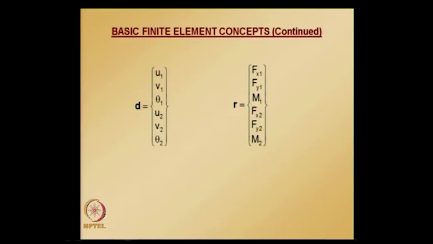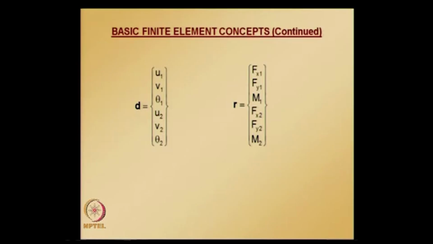The global load vector comprises the axial force at node 1, shear force at node 1, and moment at node 1. Similarly, Fx2, Fy2, M2 are the corresponding forces and moments at node 2.